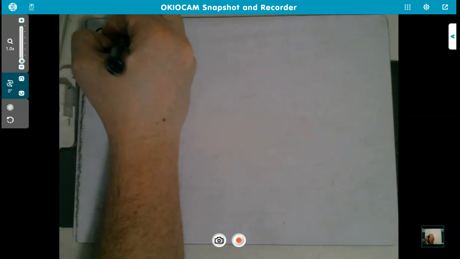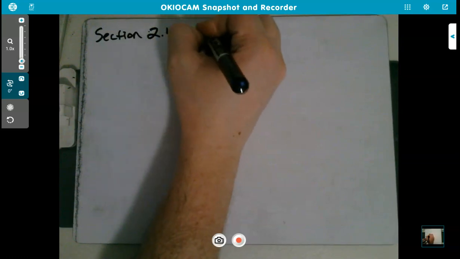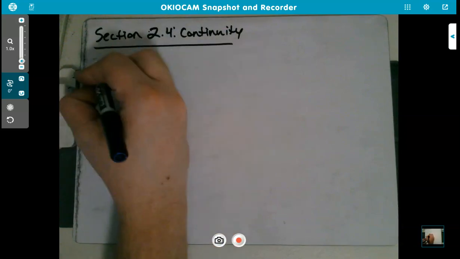All right, it's now time to move on to section 2.4, which deals with continuity. We're going to first define what that is. So the definition.